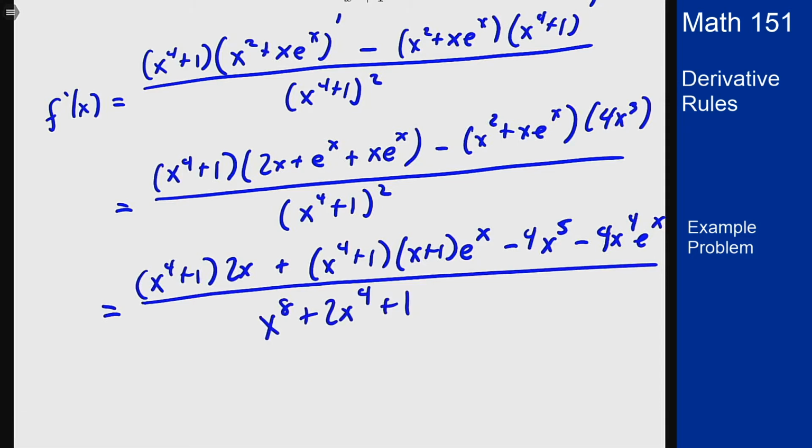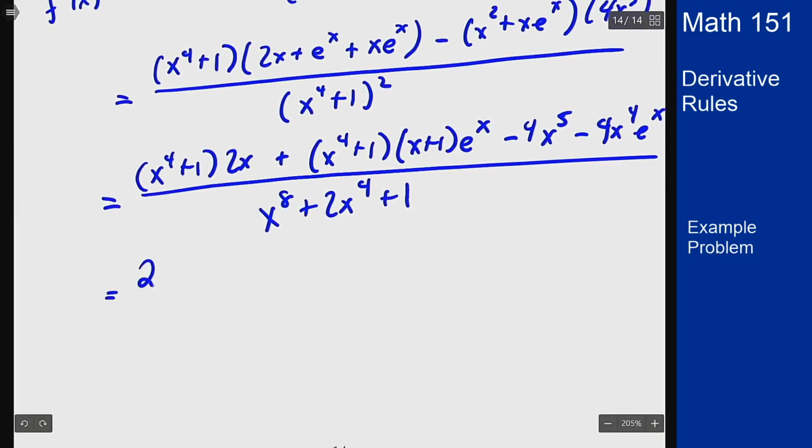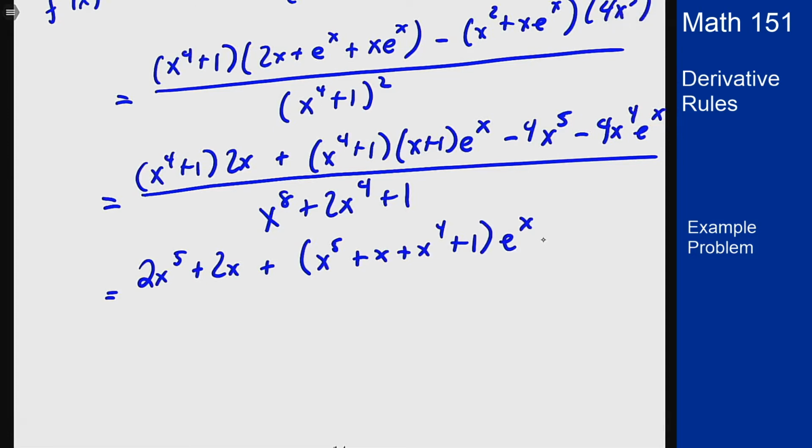If I expand out each of these terms here, I will get a 2x to the fifth plus a 2x plus an x to the fifth plus x to the fourth plus 1 times an e to the x, and then minus the 4x to the fifth and the 4x to the fourth e to the x.